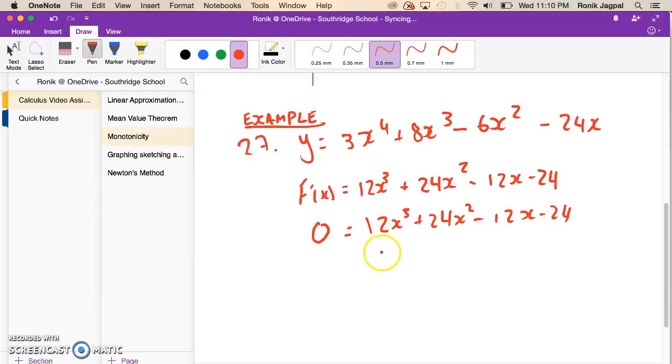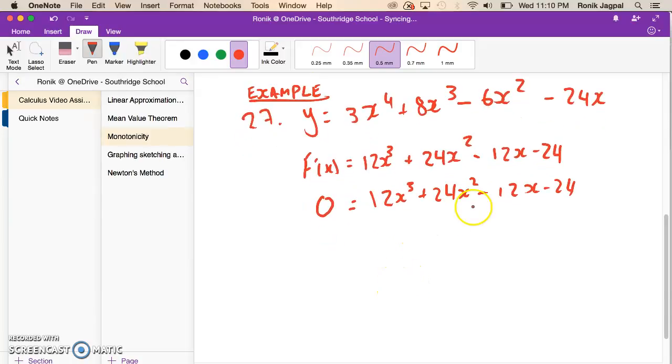And from there, we can split this into two. I pulled out my 12, so I got 12x squared times (x plus 2), and then minus 12 times (x squared minus 1).